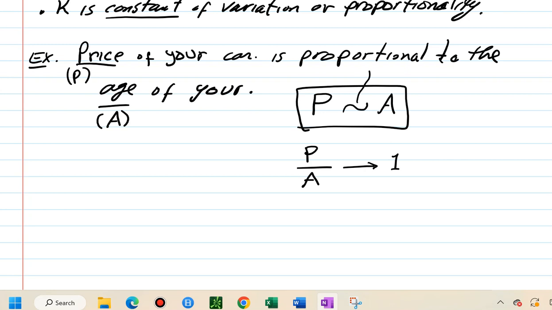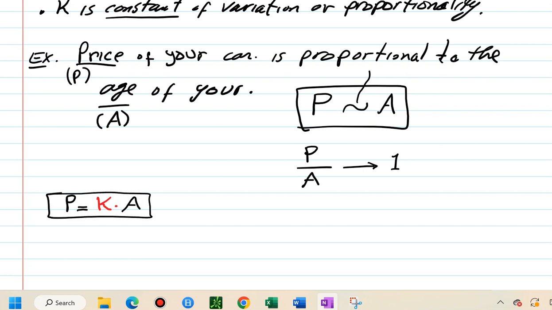Now, practically, we want to determine the price of your car based on the age, right? The symbol doesn't help me. So now I can actually come up with an equation that replaces this proportionality symbol with an equal symbol. But in order to do that, I need a constant that multiplies by A, which will produce the price, whatever that constant might be.